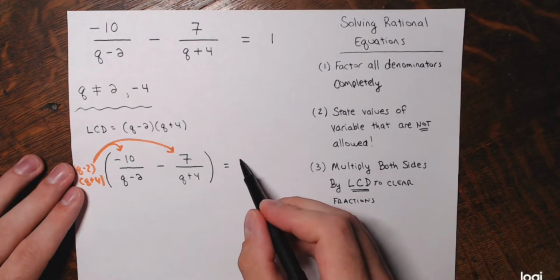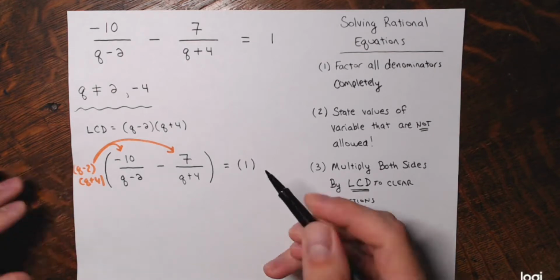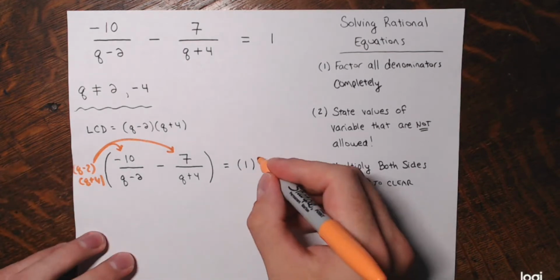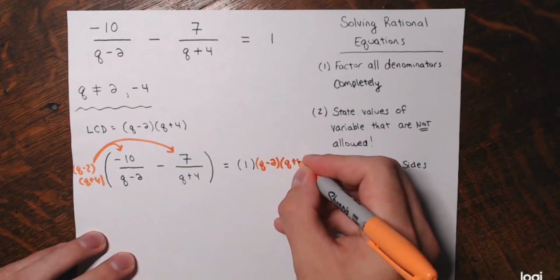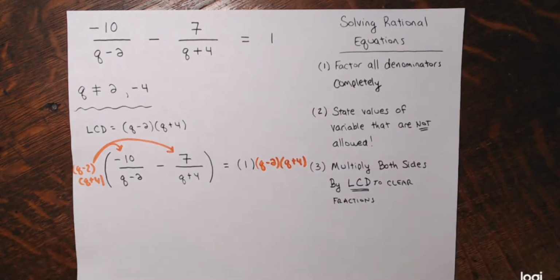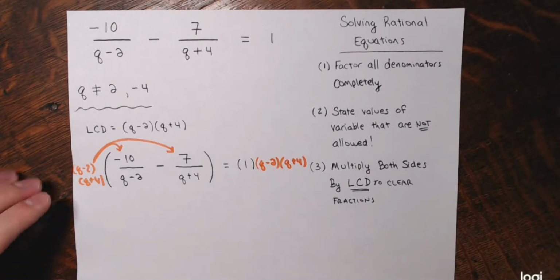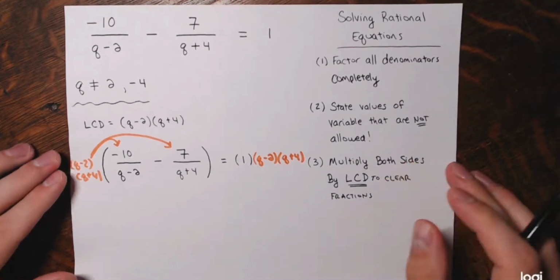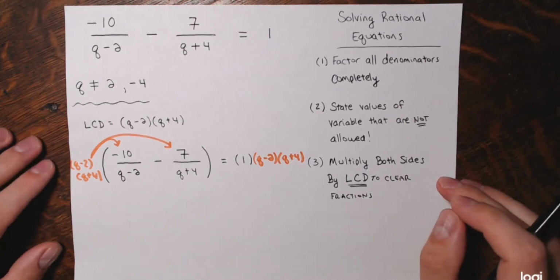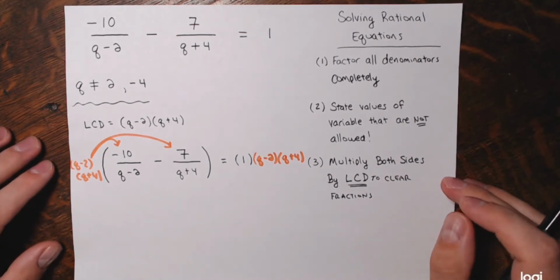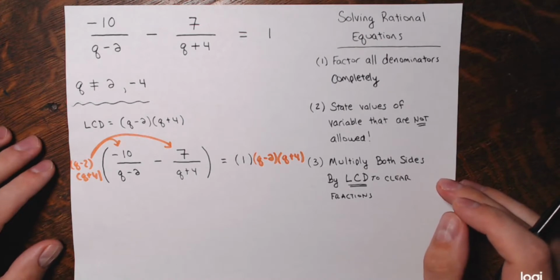And then the same thing with the other side, also multiplying by the LCD, q minus 2 times q plus 4. Now you've seen me do something similar to this when we simplified complex fractions. I multiplied the numerator and denominator by the LCD, and it just cancels all the denominators.